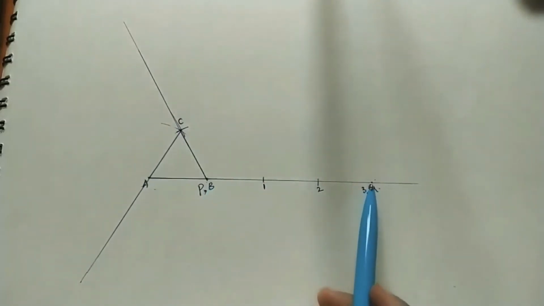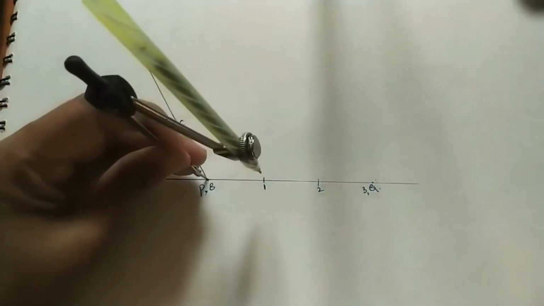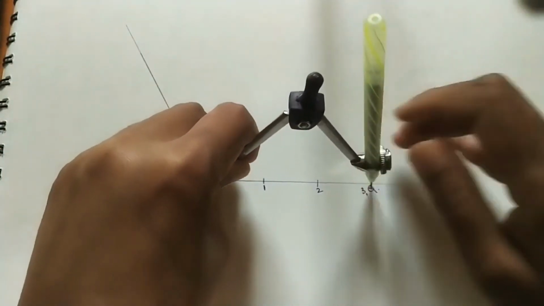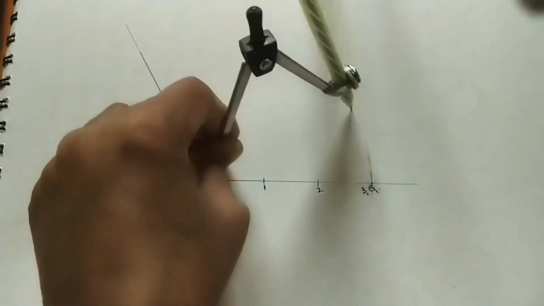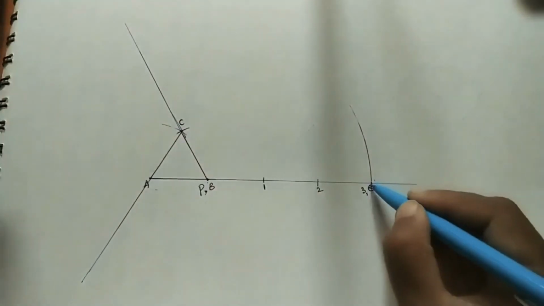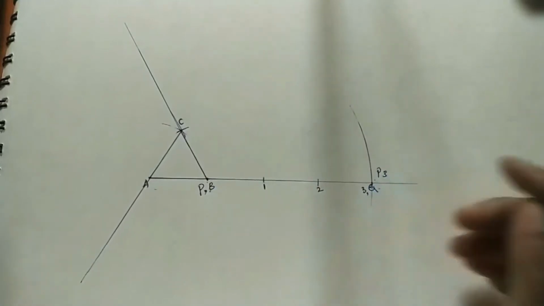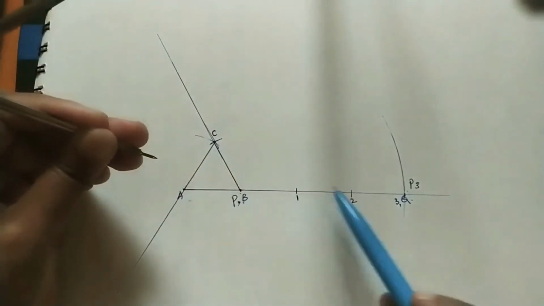Now we take the compass and measure the distance P to 1, at P to 3 dash, that is 1. And next, P to 2.